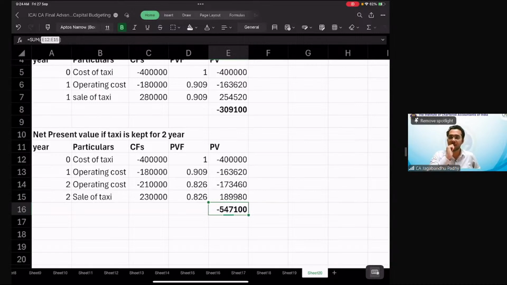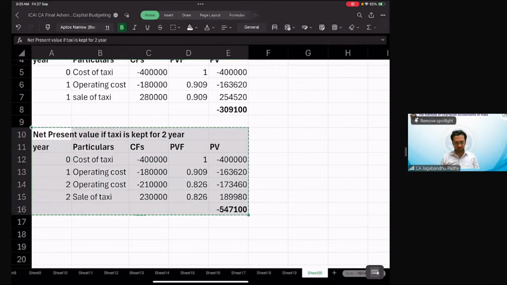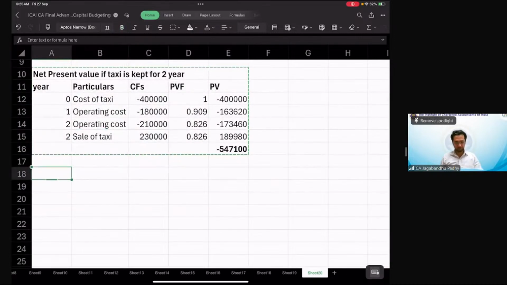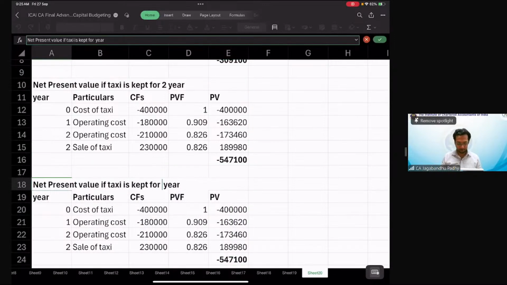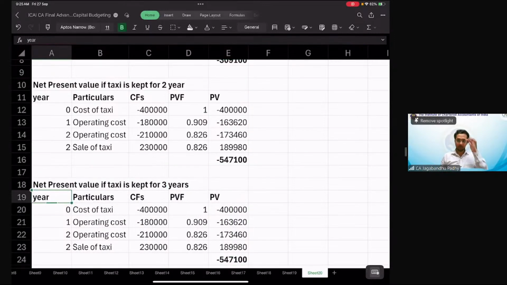Everyone? Yes? Okay. Same way, can you calculate the net present value if taxi is kept for 3 years? Can we do that? Can we get the net present value if taxi is kept for 3 years?